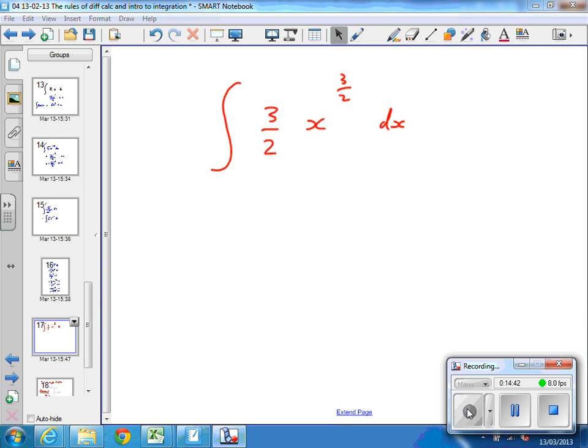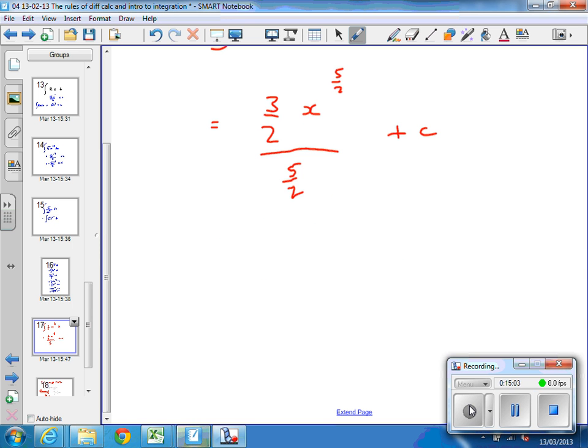Integrate 3 over 2 x to the power of 3 over 2 with respect to x. So first stage, add 1 to the power, divide by the new power. So that's easy enough, okay? 3 halves becomes 5 halves. Divide by 5 halves. I'm dividing by a fraction, so what do I do? Yep, invert and multiply.